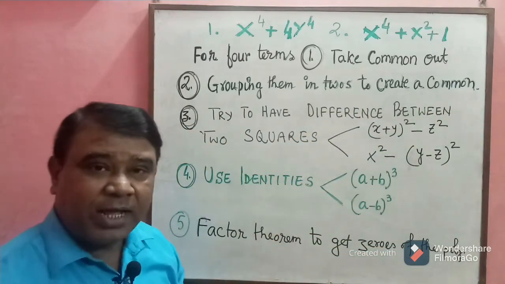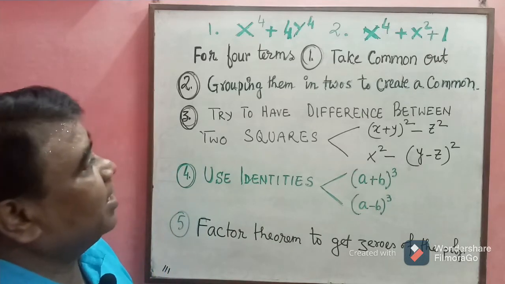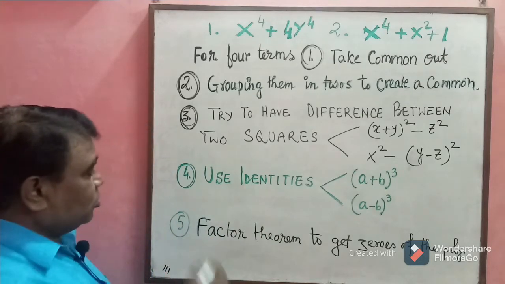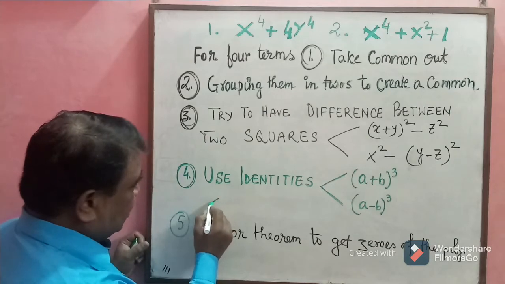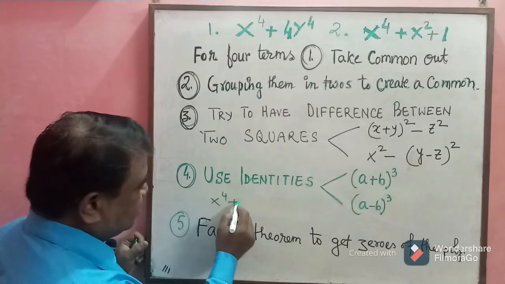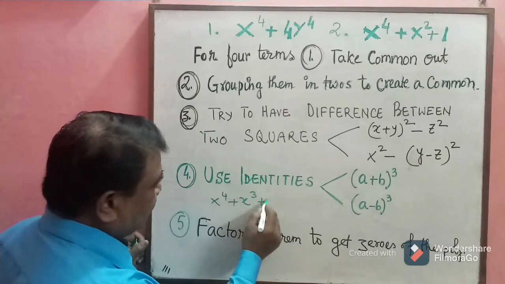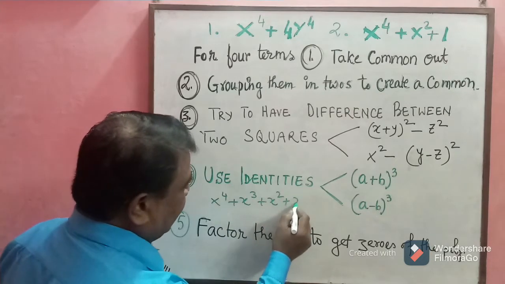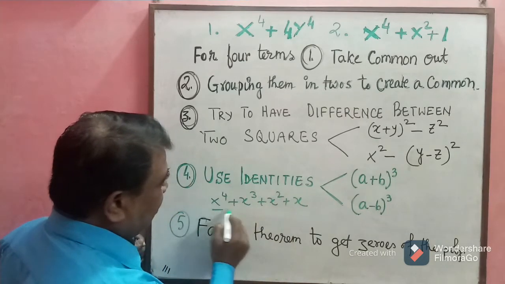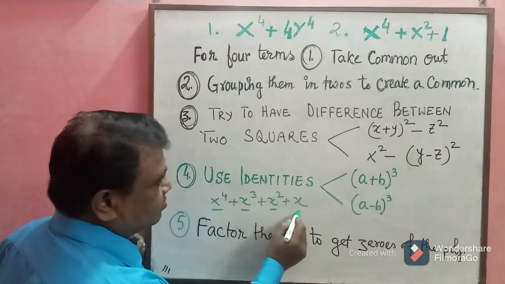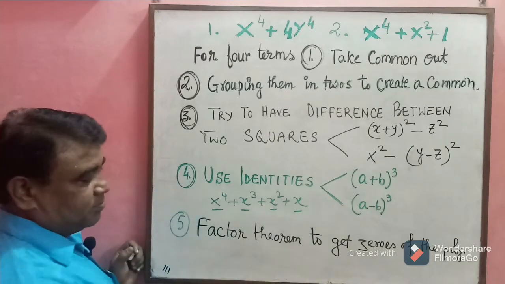Take common out. If I give an example, let's say here, you see this is x to the power 4 plus x cube plus x square plus x. Here you see in every term the common is there.